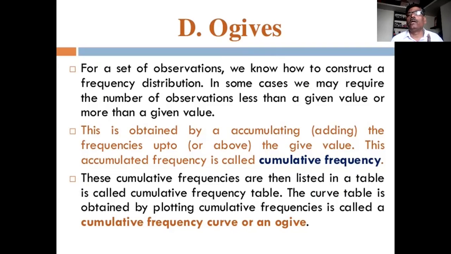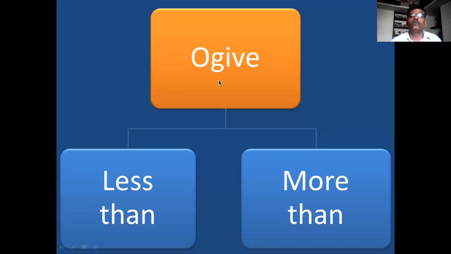You remember two things: mode is calculated with the help of the histogram, and median is calculated with the help of the ogive curve. There are two types of ogive: less than ogive and more than ogive. The less than ogive is calculated with the help of less than cumulative frequency, and the more than ogive with the help of more than cumulative frequencies.